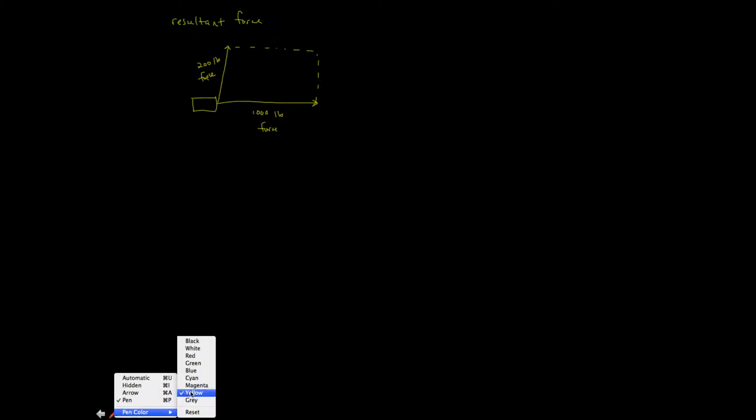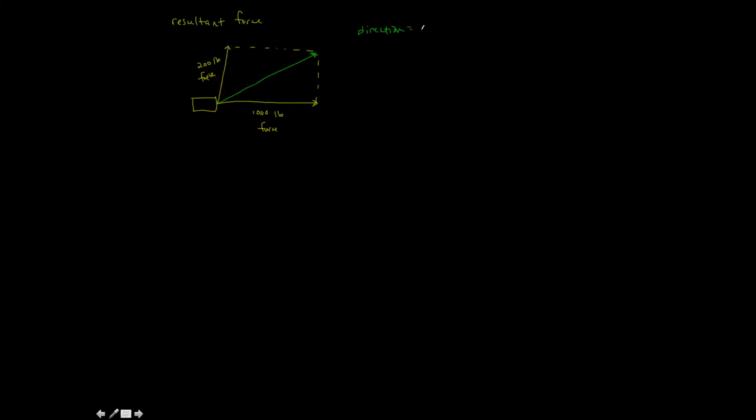So what that means is this: the resultant force will be the force that's applied this way. Whatever direction that is, the direction is always measured in an angle, so we'll call that angle alpha.